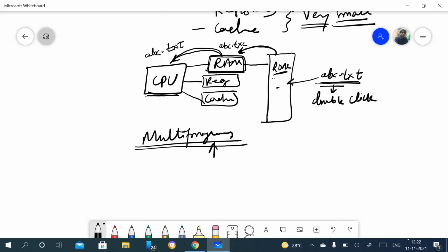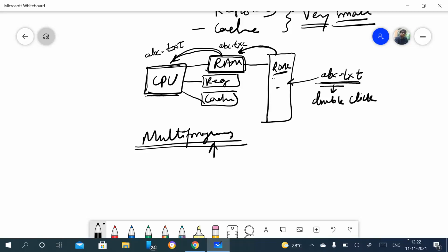That processor we try to keep busy every time, and to keep this processor busy, we need a number of processes in our hand, and that hand means what? That is the primary memory. If multiple processes are there in the primary memory, then the processor can immediately take a process from it.